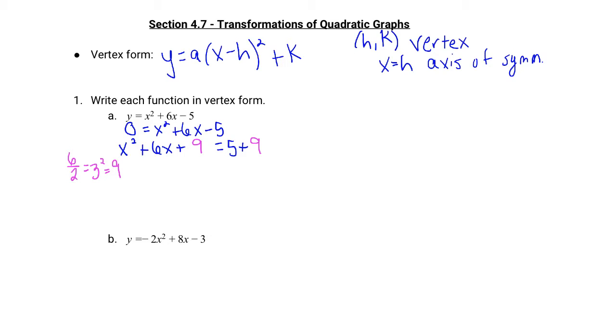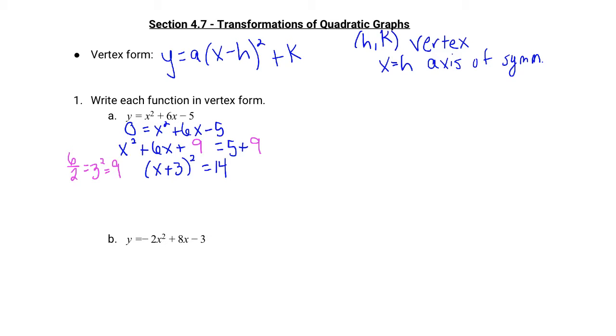Now, I'm going to write my left side in factored form. So x plus 3, square root of x squared is x, square root of 9 is 3, squared equals 14. That is completing the square, right?